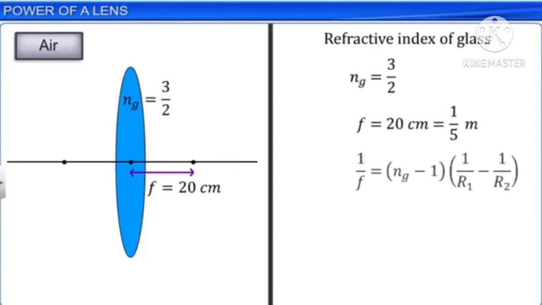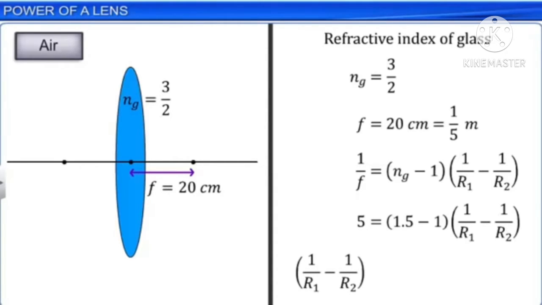Let the focal length be f dash when the lens is placed in water. Then, according to the lens maker's formula, 1 by f dash is equal to (Ng by Nw minus 1) into (1 by R1 minus 1 by R2).